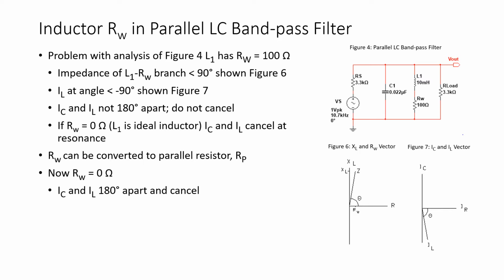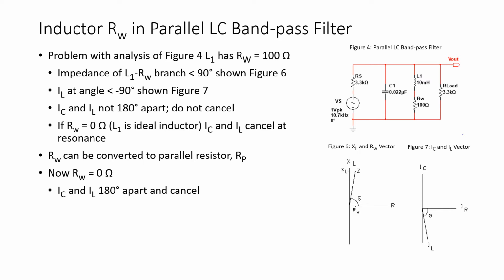This causes the current through this branch to be at some phase angle other than negative 90 degrees. The impedance of this branch is the sum of X sub L and RW. Therefore the impedance of the inductive branch is at some phase angle other than positive 90 degrees, as shown in figure 6.